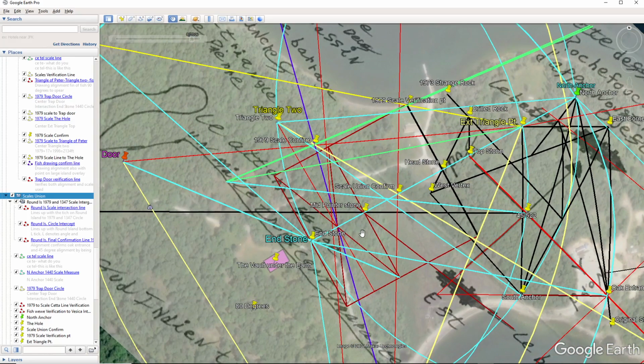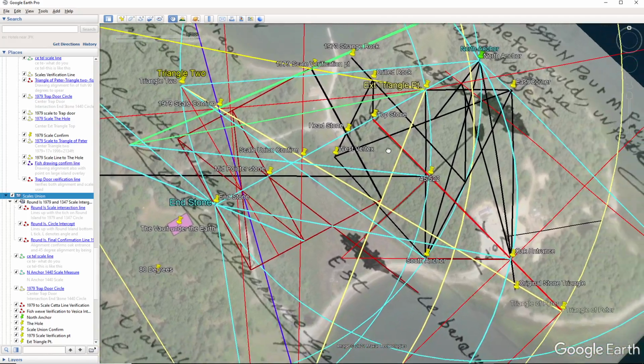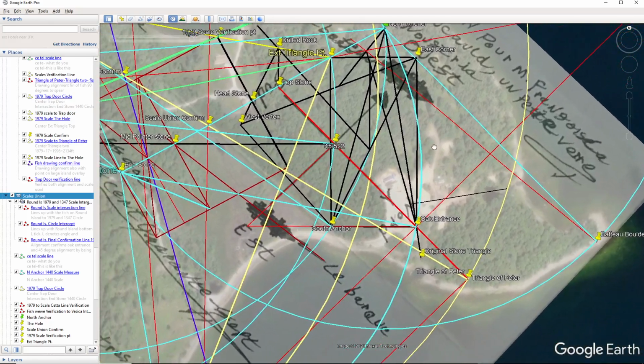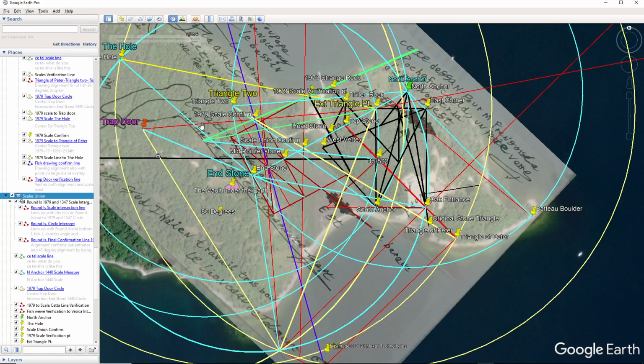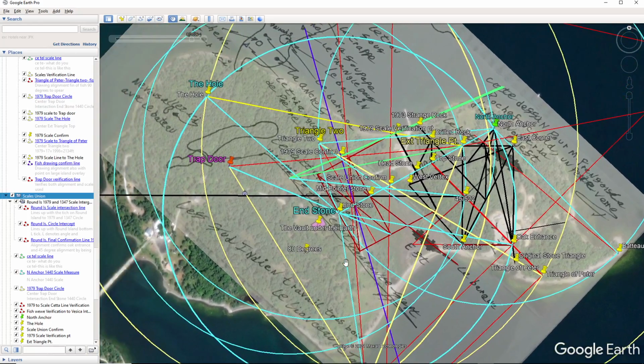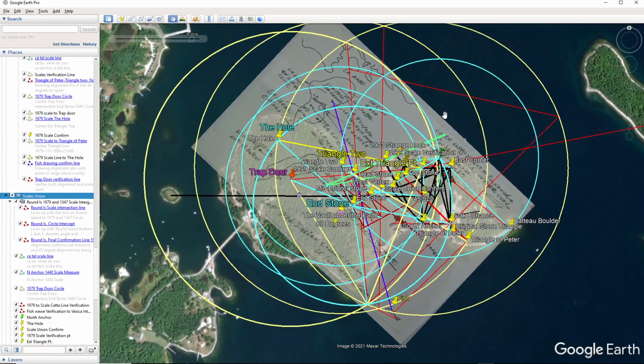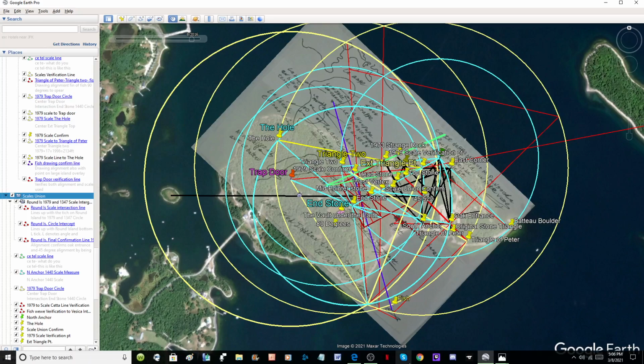It's very much from the information that we extracted from these documents. A lot of these lines only pertain to what I call verification of basically the points or the lines that are on this map. But yeah, there's a lot to it, and that's basically it.